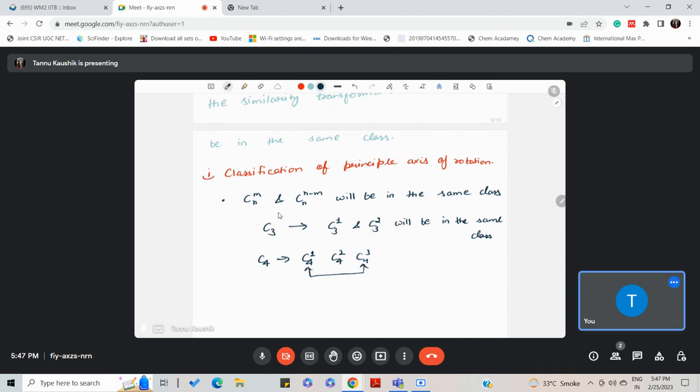So here these two operations, C4^1 and C4^3, will fall in the same class, and C4^2 will be another class.